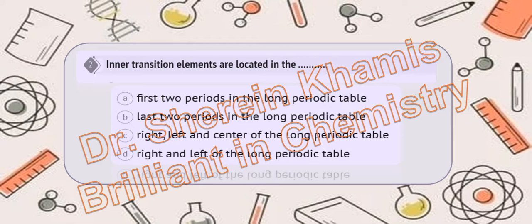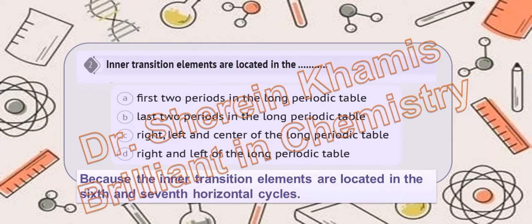When we look at the periodic table, on both sides, left and right, we have the representative elements, but in the middle we have the transition elements, and below the table we have the inner transition elements. The inner transition elements are located in the 6th and 7th horizontal periods.